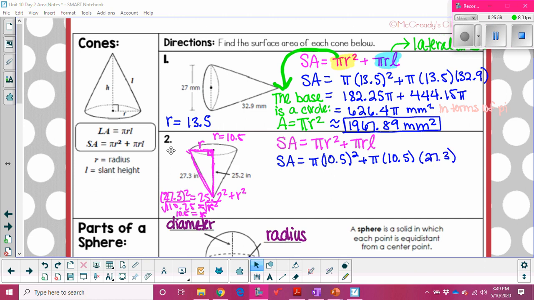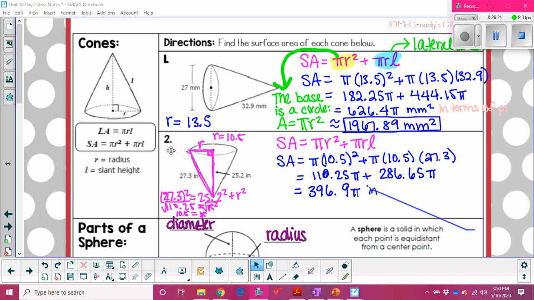Let's get this in terms of pi first. That's 110.25 pi plus 286.65 pi. Add those two together, and you get 396.9 pi inches squared.